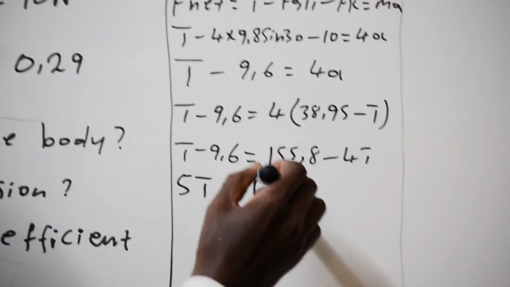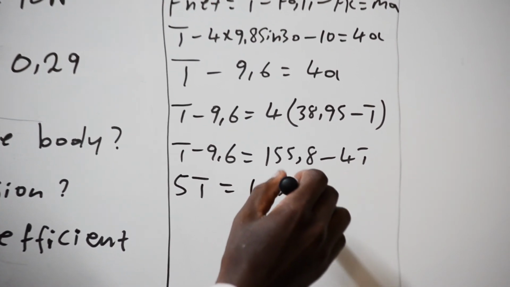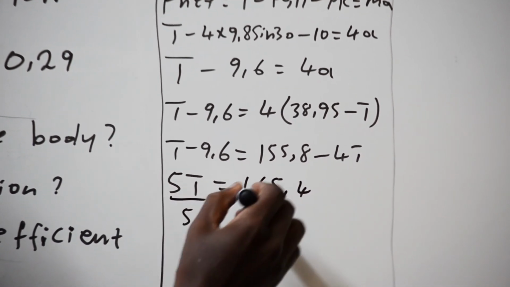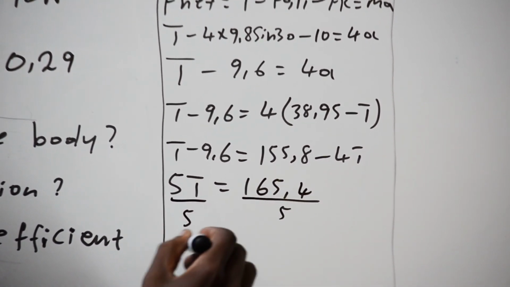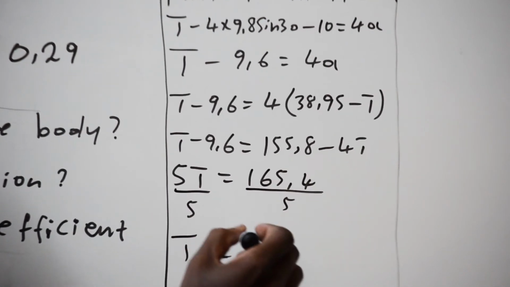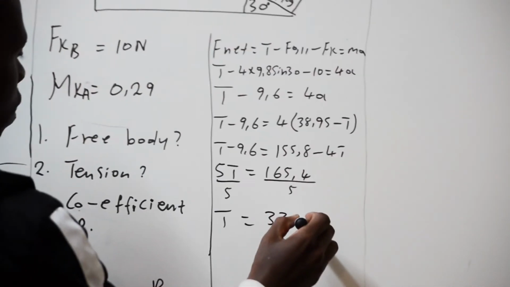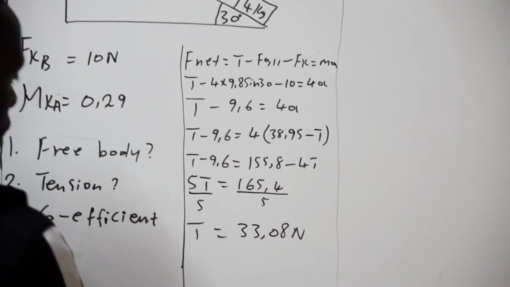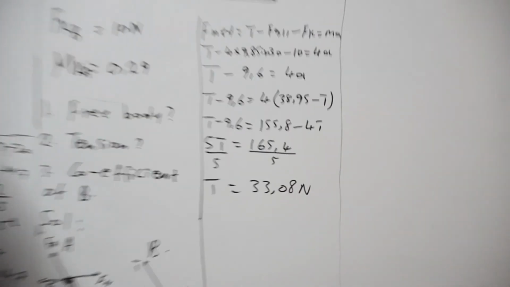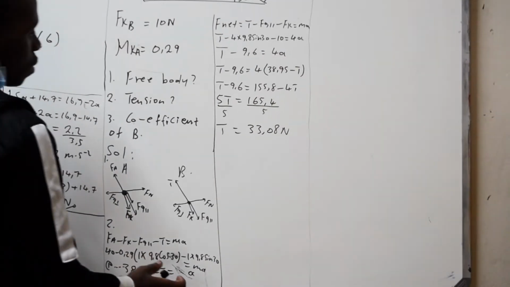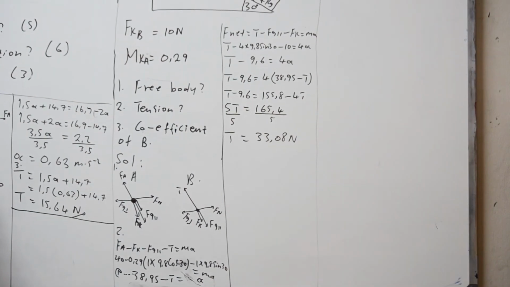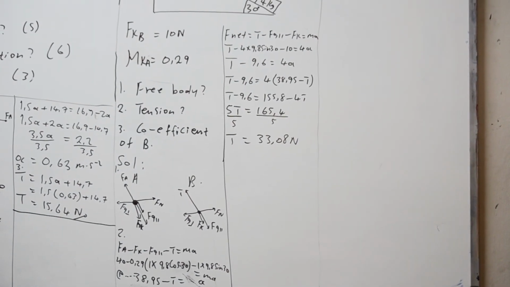We use 9.8 because we used gravity. So divide by 5 on both sides. So T becomes 33.08 Newton. So in this equation you can make tension alone or acceleration alone, equate it like this or acceleration like that.